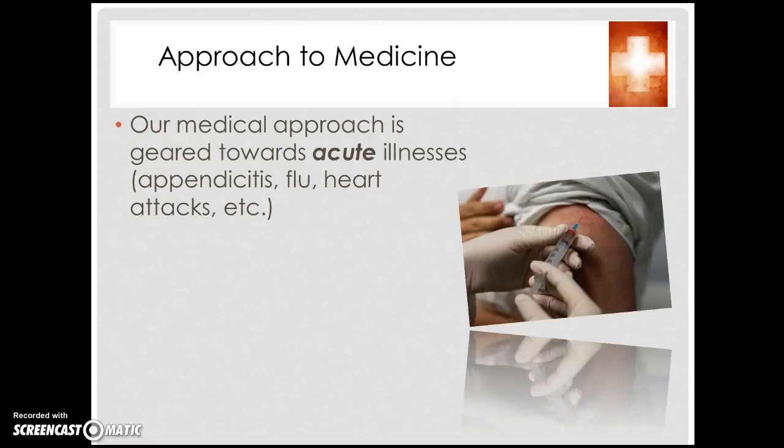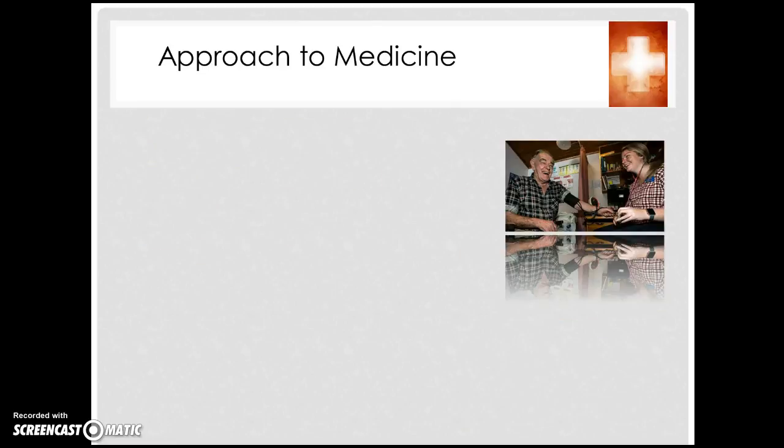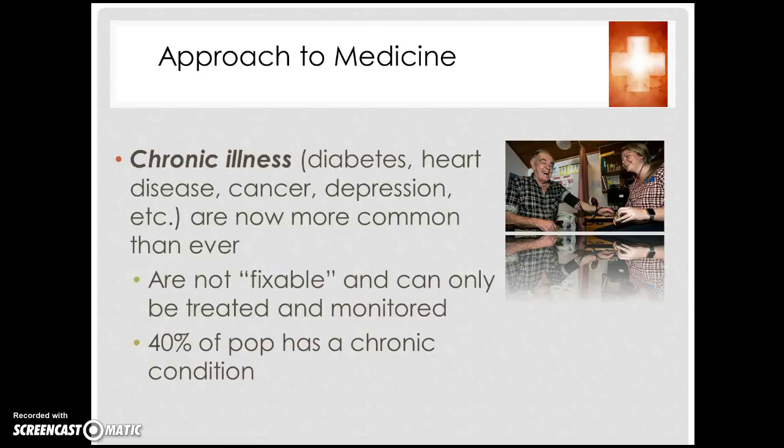Someone has the flu and they need medicine to at least make the symptoms go away while their body fights the flu. Someone has a heart attack and needs to be treated. Acute illnesses are fixed through hands-on surgical or medical applications, such as medicines, vaccines, or surgical procedures.